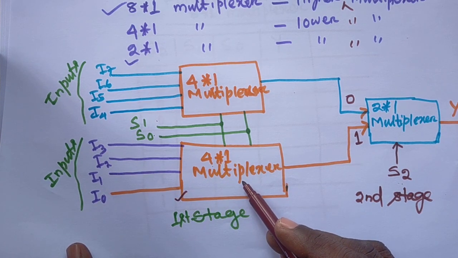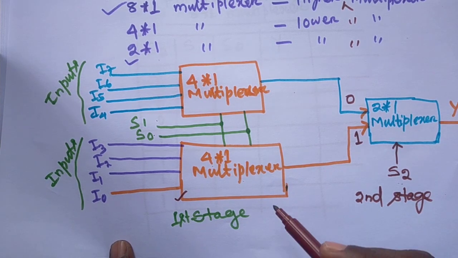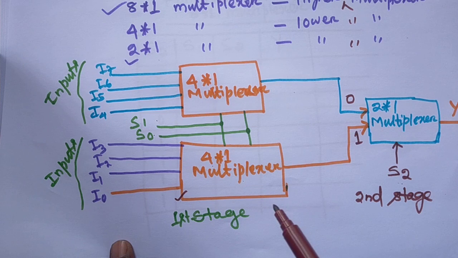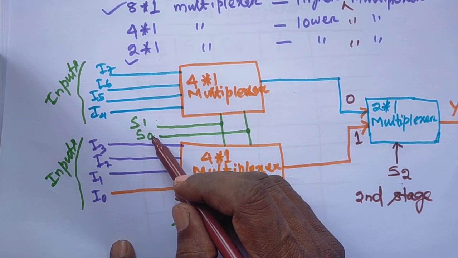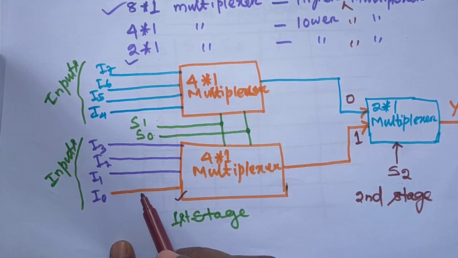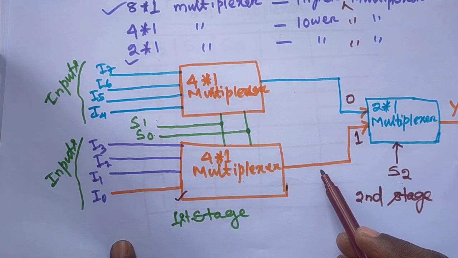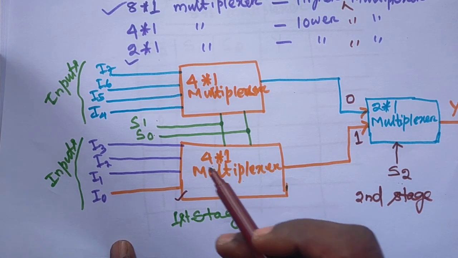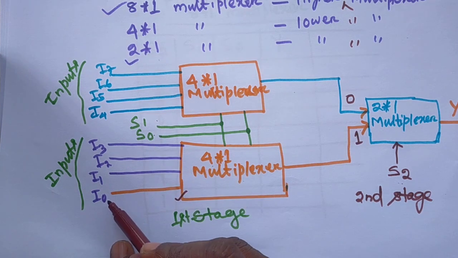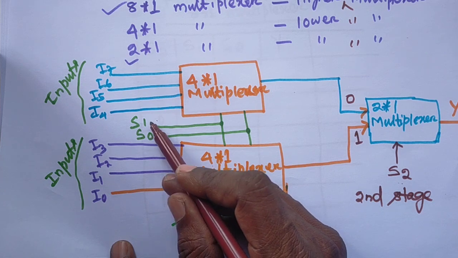These are the inputs to the particular multiplexer, and S0 and S1 decide which input is considered as the output. Previously there was also a trick: if S1 S0 is 0 0, then we consider I0; if it is 0 1, then I1.